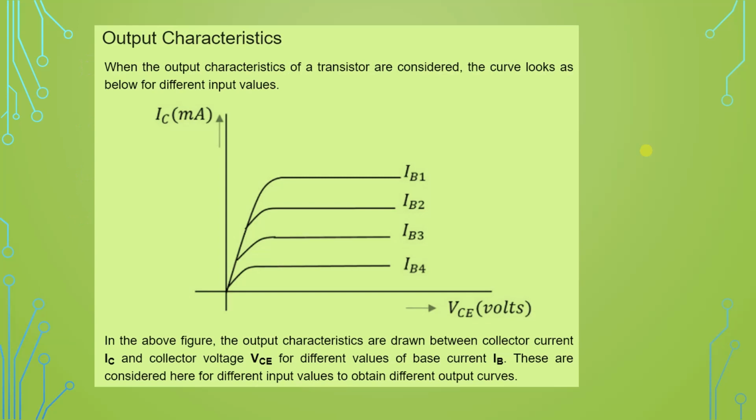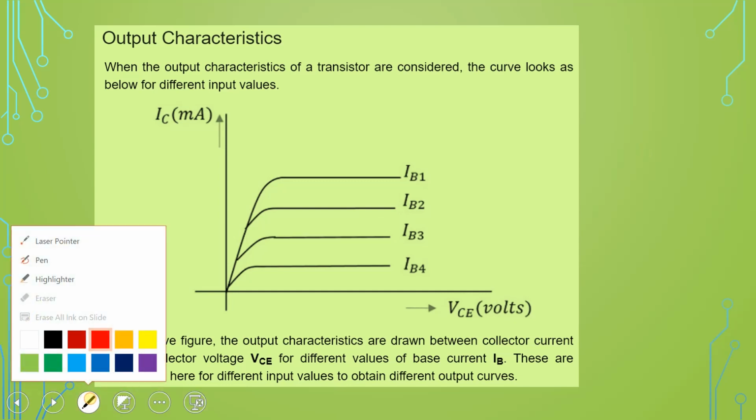Here I am showing you the output characteristics of a transistor. When the output characteristics of a transistor are considered, the curves look like as shown in this figure.